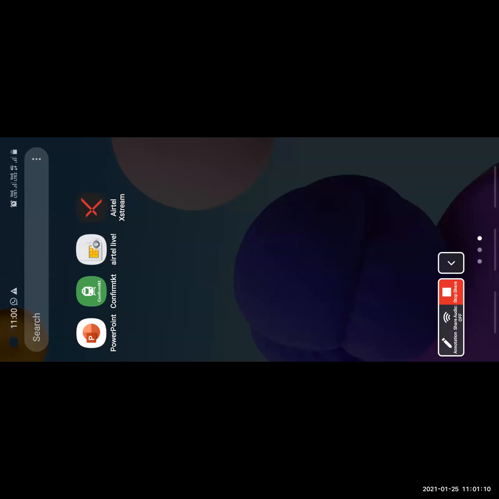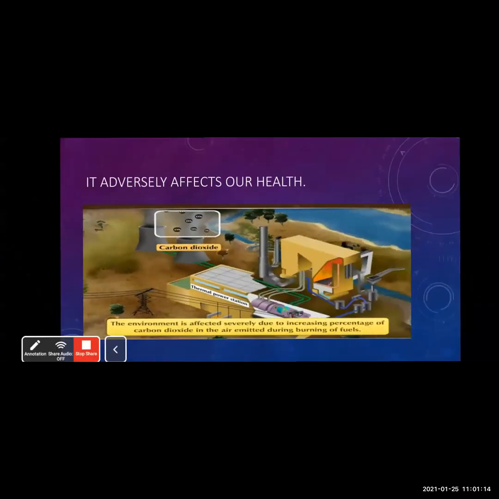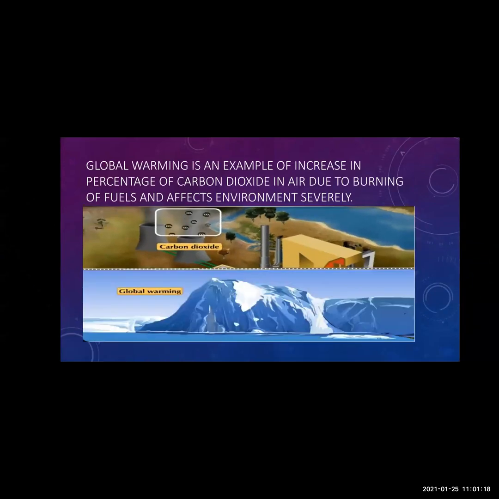The environment is adversely affected by air emitted during burning. Global warming is also an example of the increasing percentage of carbon dioxide in the air due to burning of fuels, and it affects the environment severely.